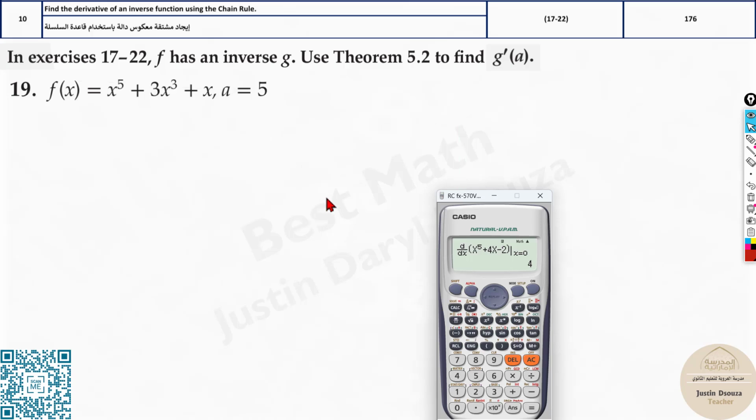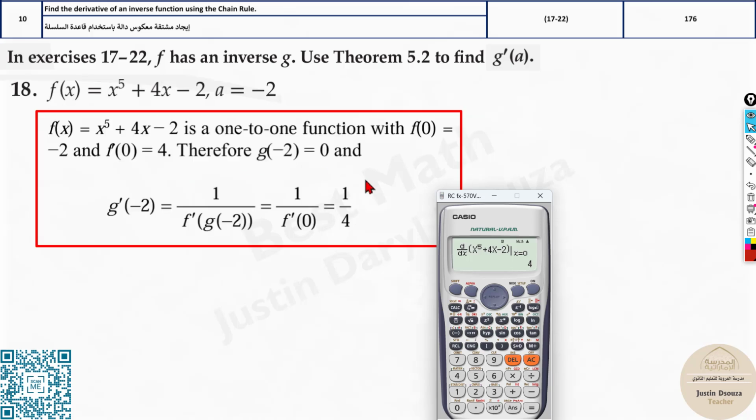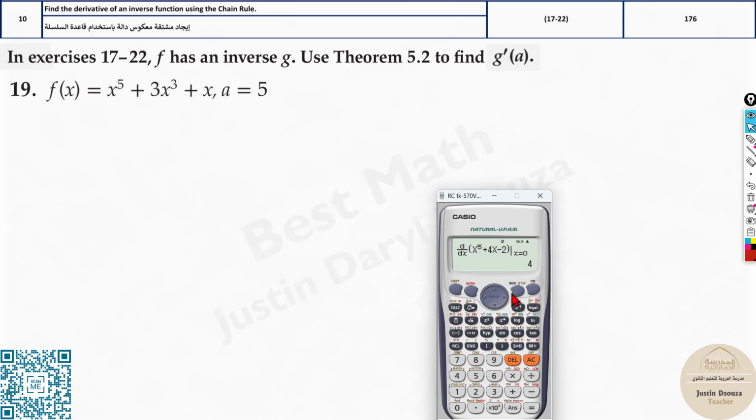Let me just do one more because I want some other answer, you know. So this is the first, and 17 and 18 are the same answers, 1 by 4, 1 by 4. Let me just quickly do this in calculator. Again, type it out. X to the power 5 plus 3x cubed plus x over here equals 5. Shift and solve and then press equal to. The answer over here is 1.